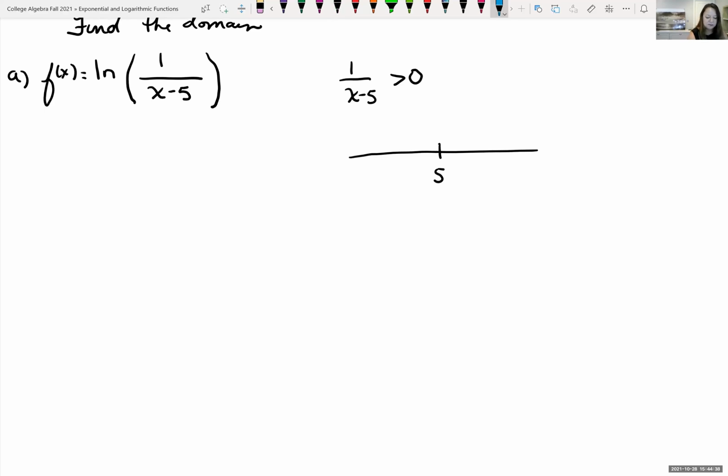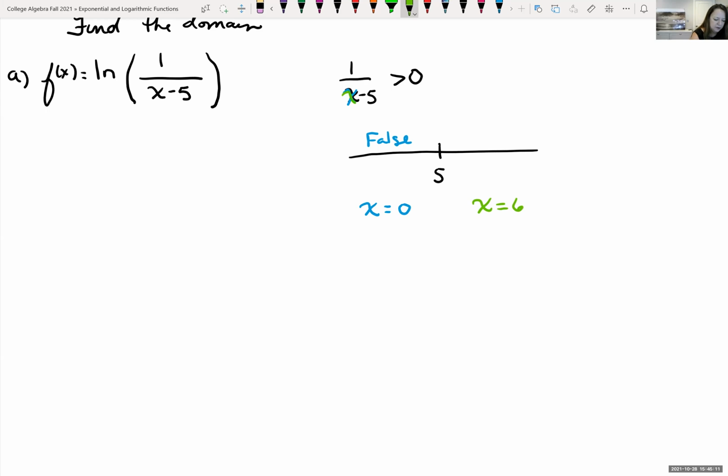Let's look at something smaller than 5. Let's say we look at x equals 0. If we go back in here and we plug in 0 for x, we get -1/5 is greater than 0. No, it's not. This is false. So technically, I know that this is below the x-axis on the left-hand side of my vertical asymptote, x equals 5. Now choose a number bigger than 5. Let's say we choose x equals 6.